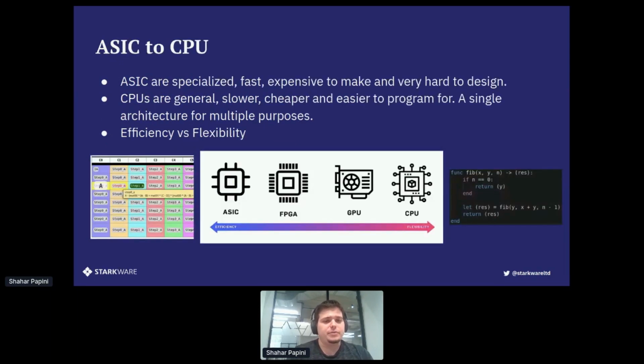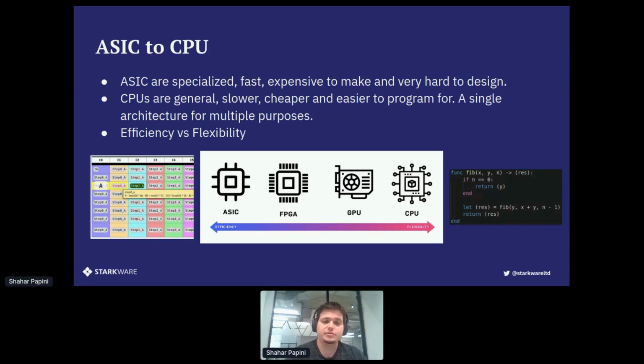So what do I mean when I say ASIC to CPU? Well, ASICs are application-specific integrated circuits. They are specialized hardware written for some specific goal. They're usually very fast. They're also expensive to make, and they're notoriously hard to design for. On the other hand, we have CPUs, Central Processing Units. They are some specific chips, specific ASIC.